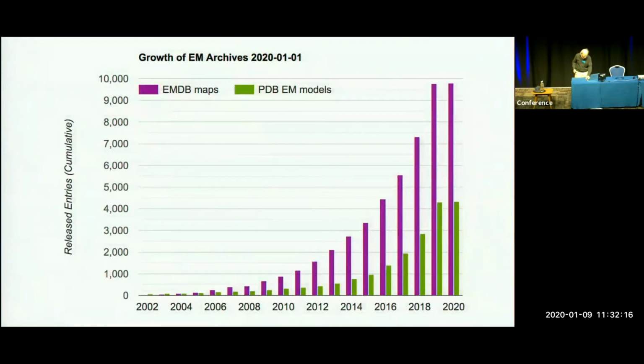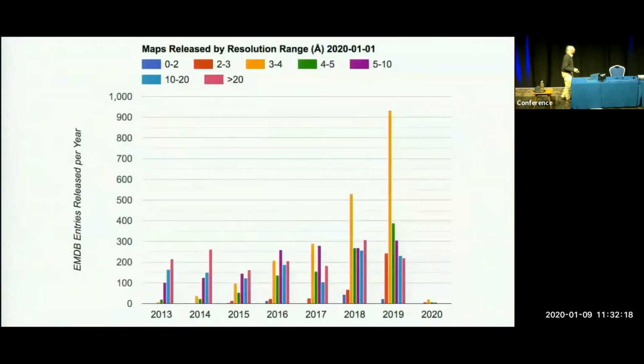And among these, as shown by previous speakers, there has been a rise in the resolutions, coded by colors. Last year, 2019, the majority of structures were at high resolution, actually 3 or 4 angstroms.